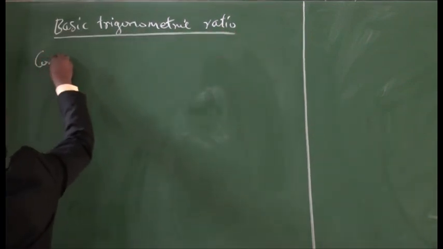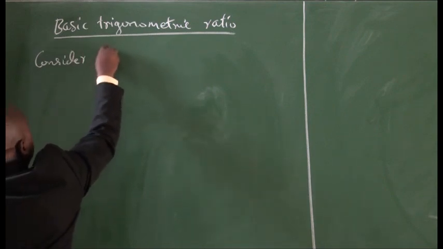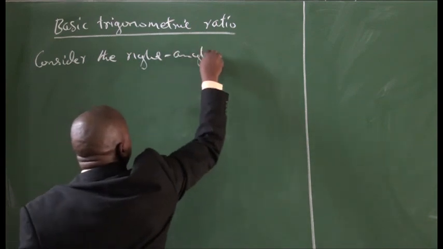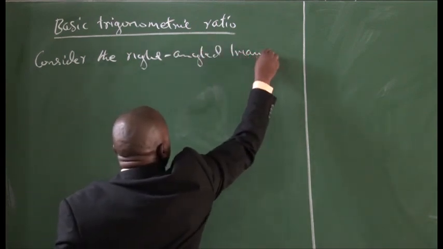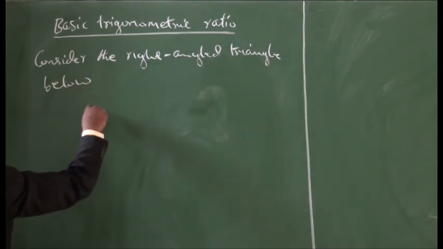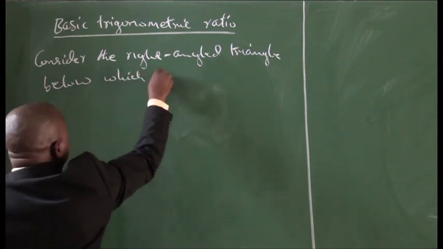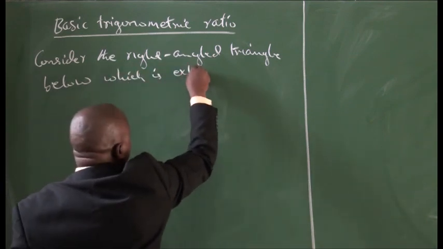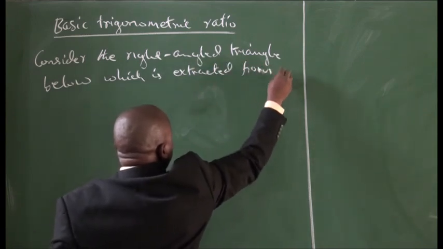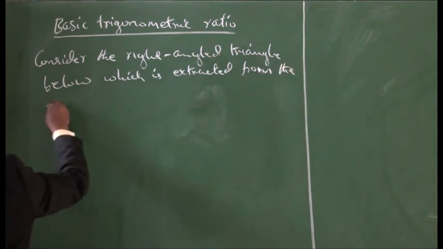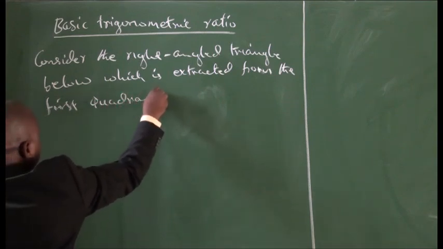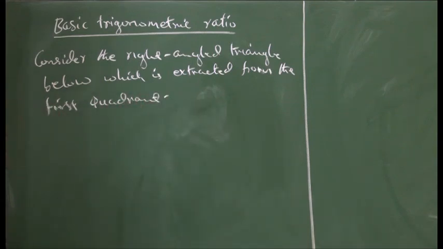Right. Consider the right angled triangle below, which is extracted from the first quadrant.